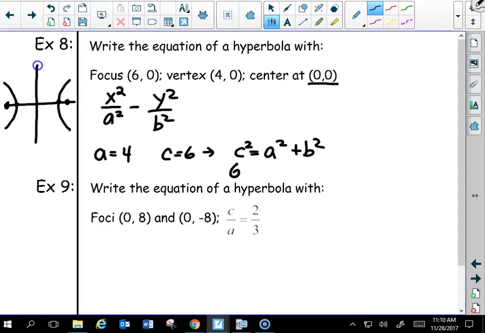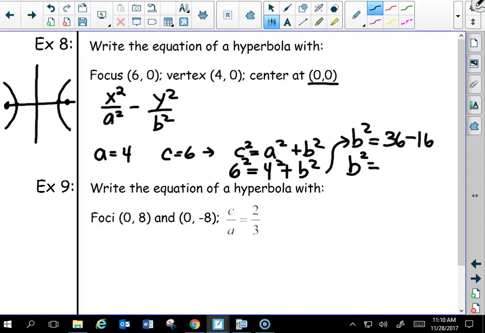All right, 6 squared equals 4 squared plus b squared. b squared equals 36 minus 16. b squared equals 20. And I'm going to leave it as 20.